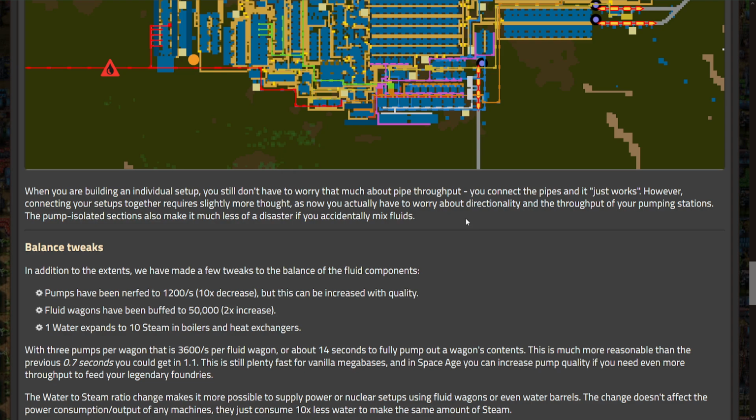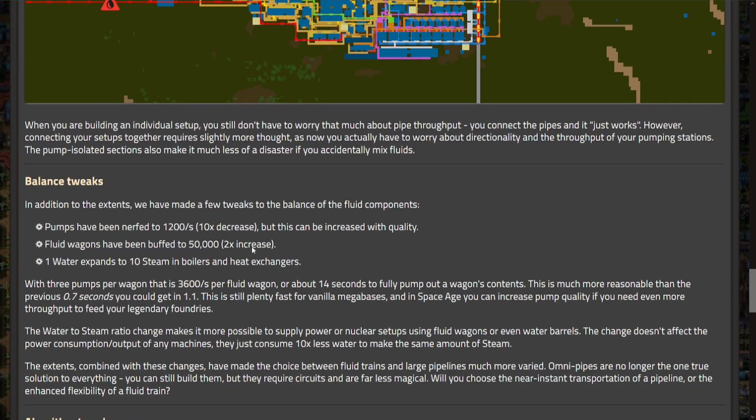But I'm not sure if this would work, because the pumps have been nerfed to 1200 fluid items per second. I'm not sure if they are fluid items or just what unit they use. So this is 10 times smaller than it was before.